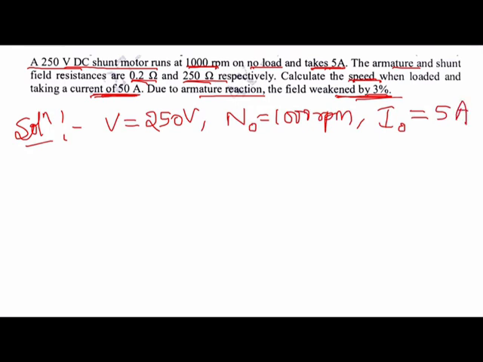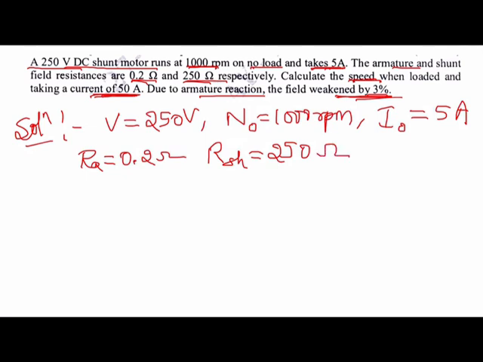And we have the armature resistance, that is 0.2, and shunt field resistance, that is 250 ohms. So these are the data given in the numerical.